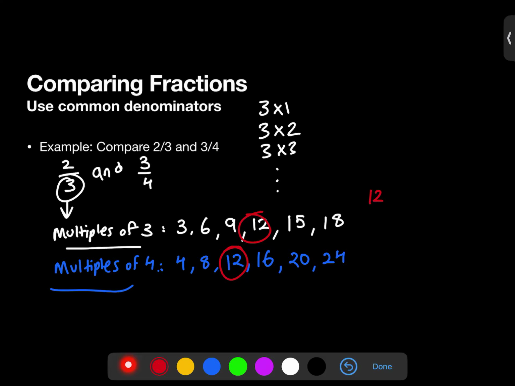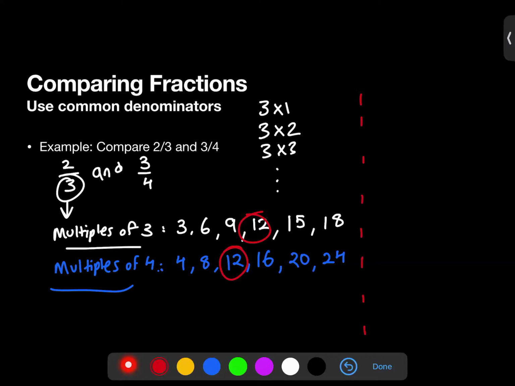So has everyone understood that so far? Finding the LCM, the common denominator? Everyone is understanding? Good.